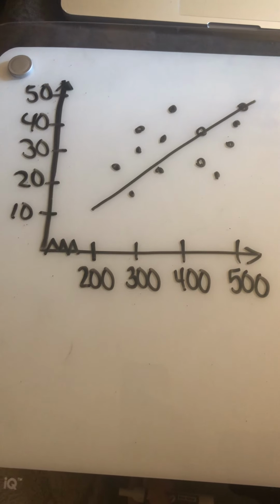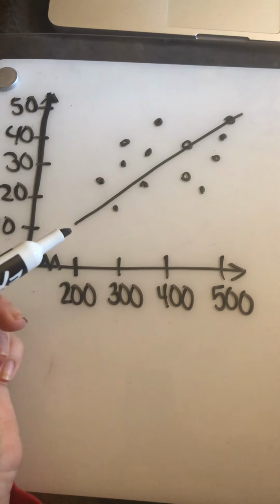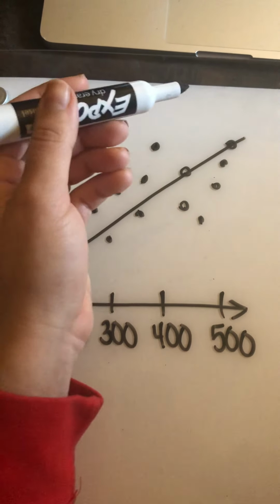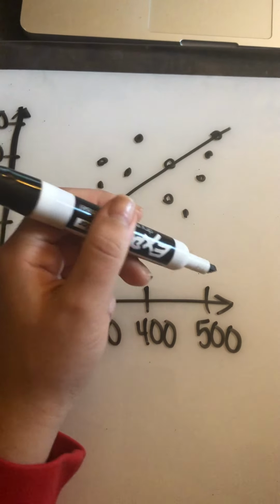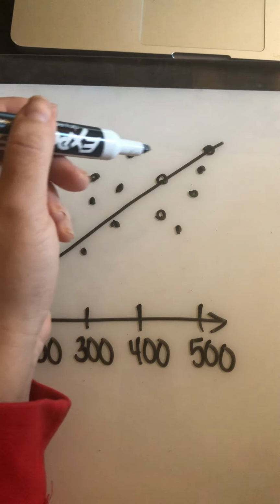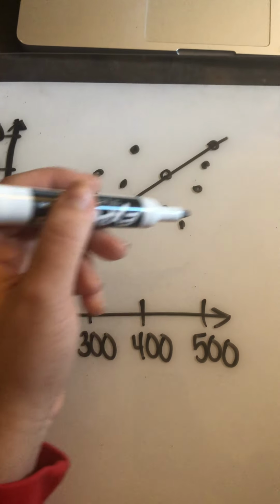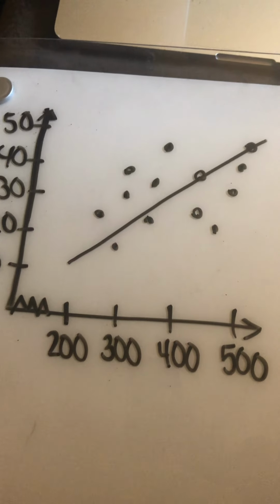So a few things I want you guys to take note of is that as the data increases, not all the points are following that trend, right? After every 100 interval, not every point is increasing. Sometimes there were some dips, right? These points that are falling below the data. So that is something that you would want to keep in mind.